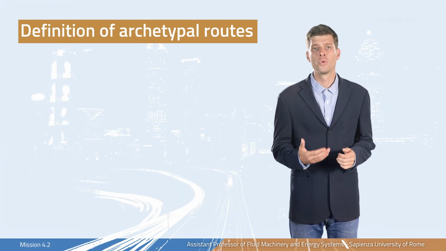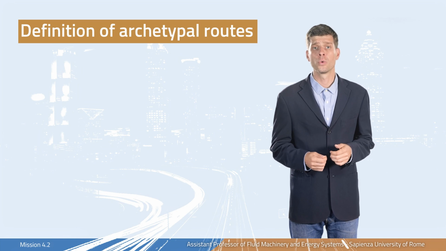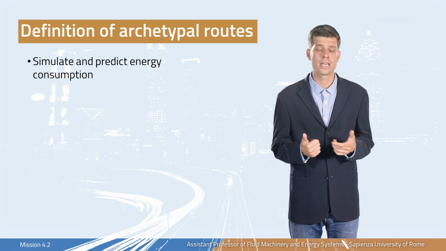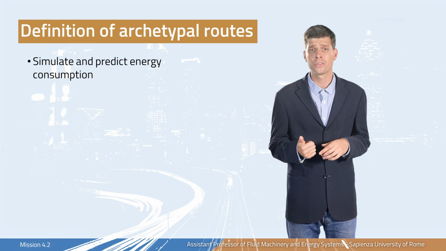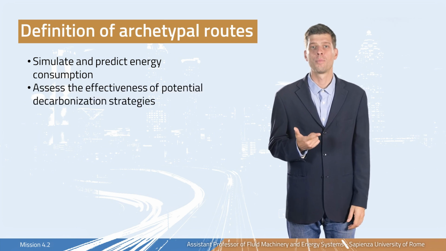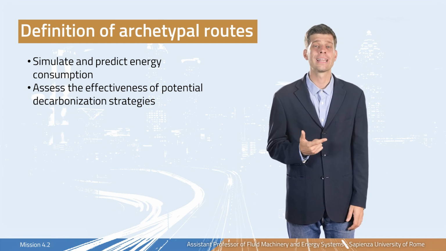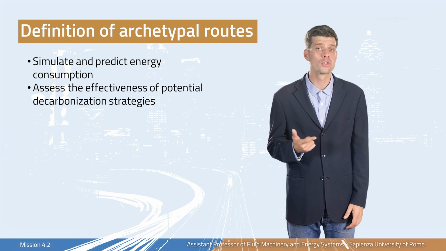Incorporating these archetypal routes as functional units within the demand model enables us to simulate and predict energy consumption under different scenarios, taking into account the changes in service configuration, technology deployment, and other relevant factors, to assess the effectiveness of potential decarbonization strategies for specific routes, as well as for the system, ensuring that our proposed alternatives are not only sustainable but also economically viable.